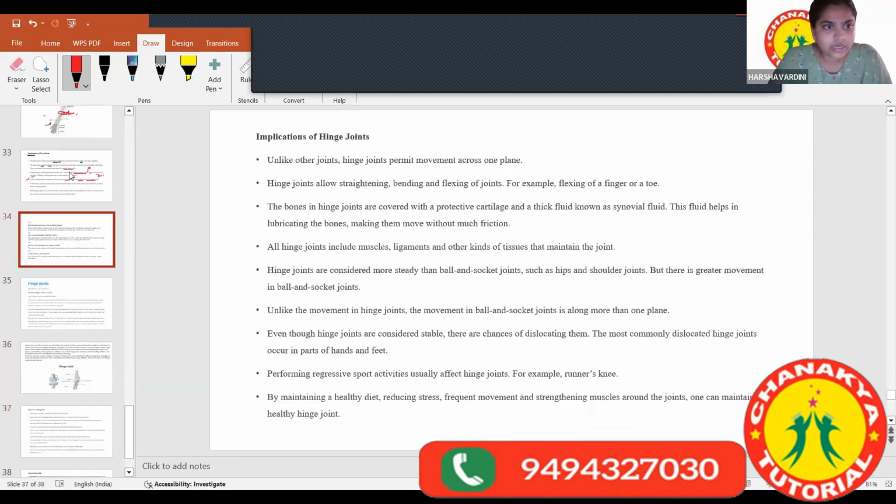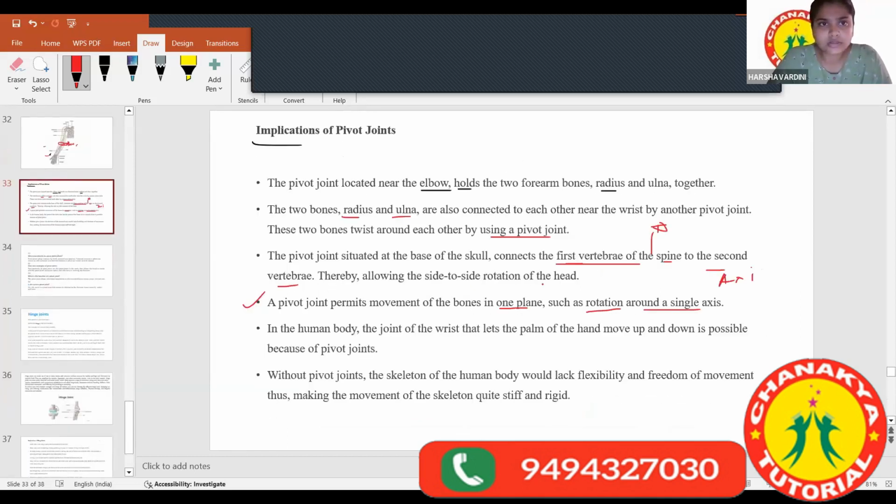Does elbow come under hinge? Elbow comes under hinge.